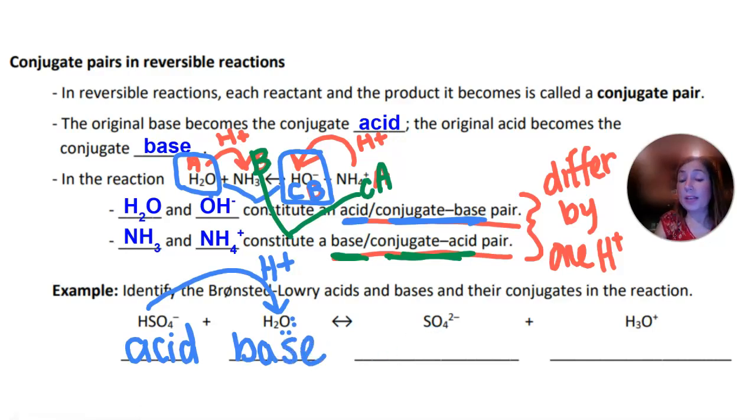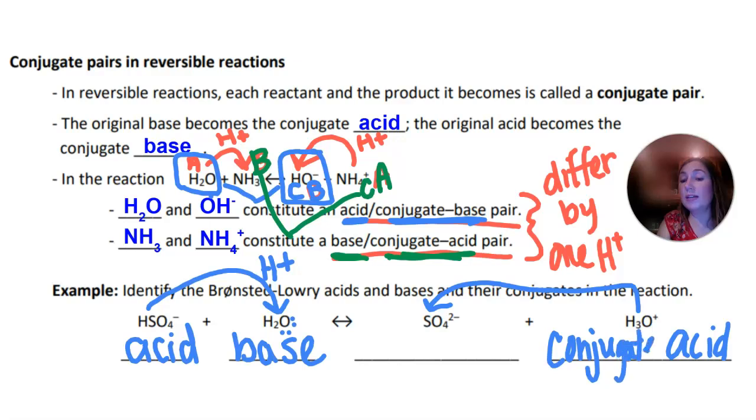Then what's happening in the reverse? Well, H3O plus, the hydronium, can give up a proton. So that can act as an acid. We're going to call that the conjugate acid. That's just what we do on the product side. And then SO4 2 minus is accepting. That's a base, so that will be the conjugate base. And then they're kind of in pairs.